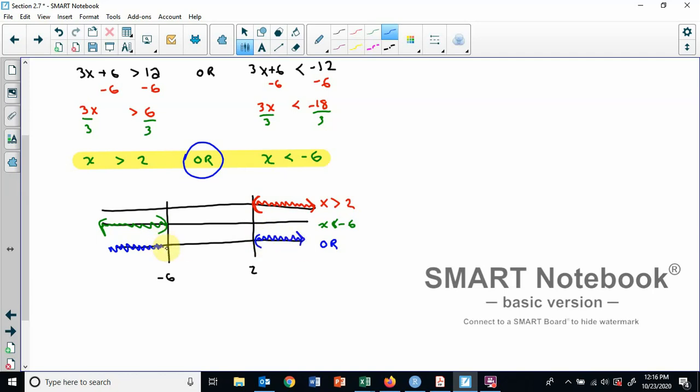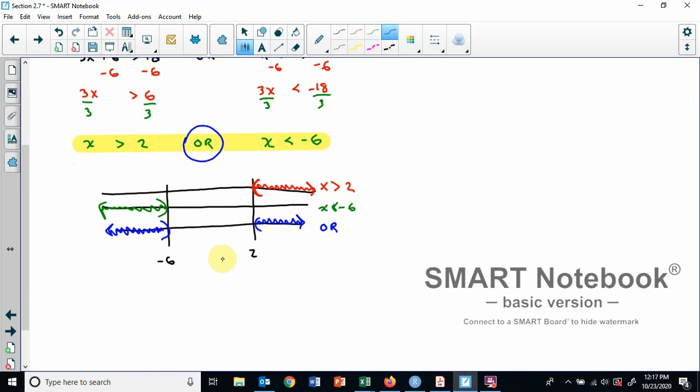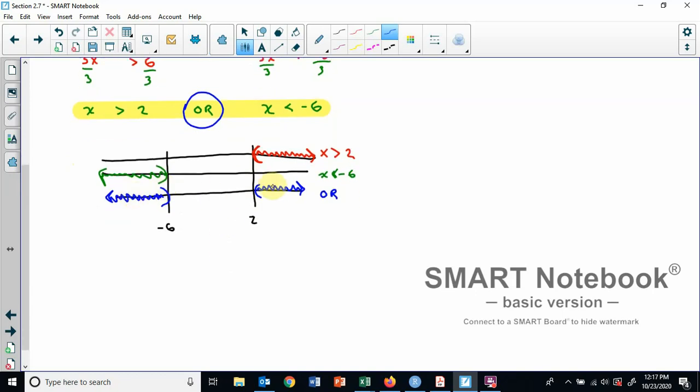Now, because I start and stop at the negative 6 and the 2, I need to take the same symbols down that I used above. And like when we did the three-line method, this one is two separate chunks of intervals. So I need to write an interval notation for this one and an interval notation for this one. This one starts at negative infinity and stops at negative 6.